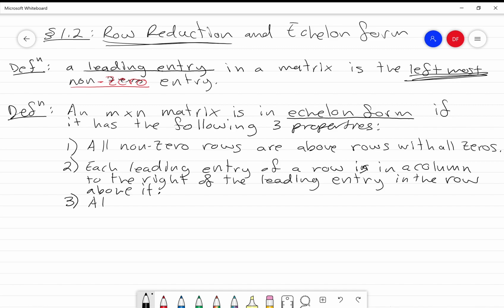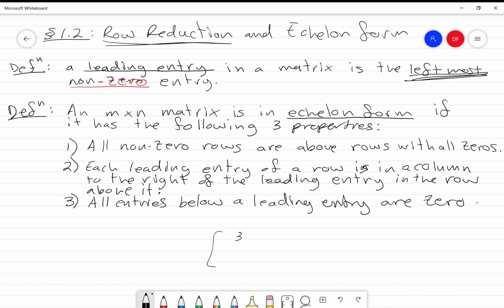And we have that all entries below a leading entry are 0. What does this mean? This means if I have a matrix and I have 3 here, 2, 1, and then I have 0, 4, 5, then everything below it needs to be a 0, below this leading entry.